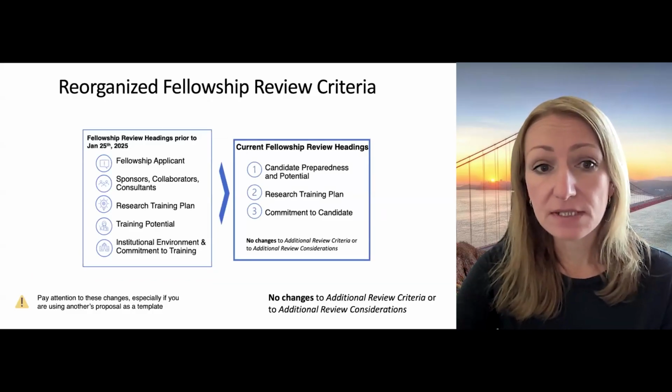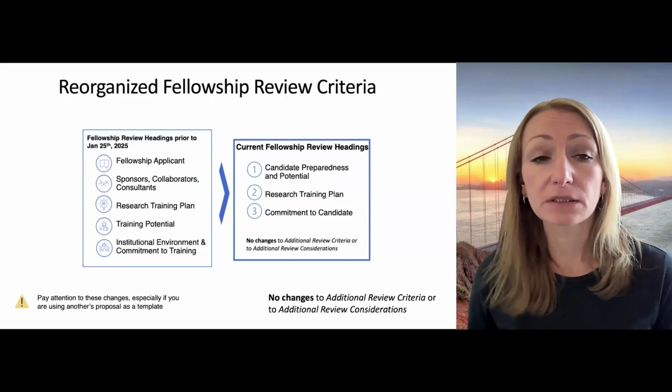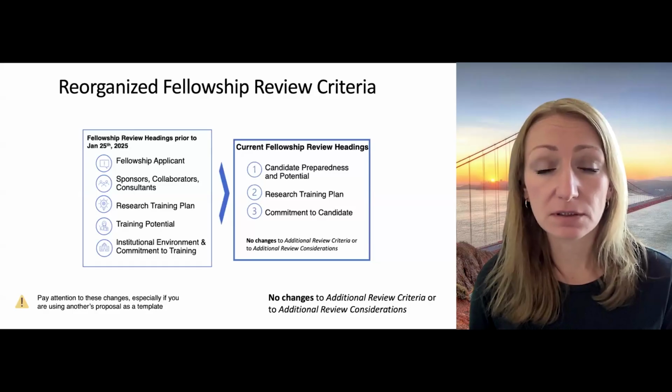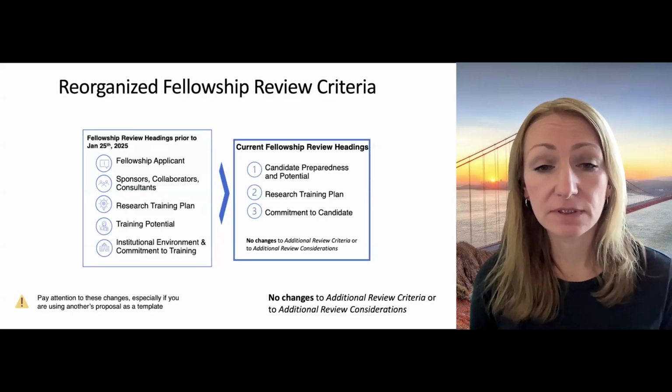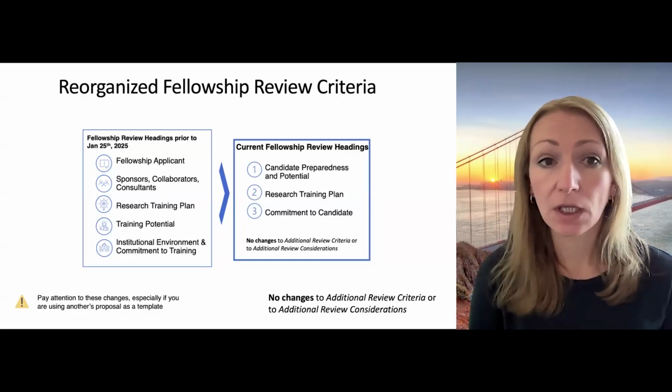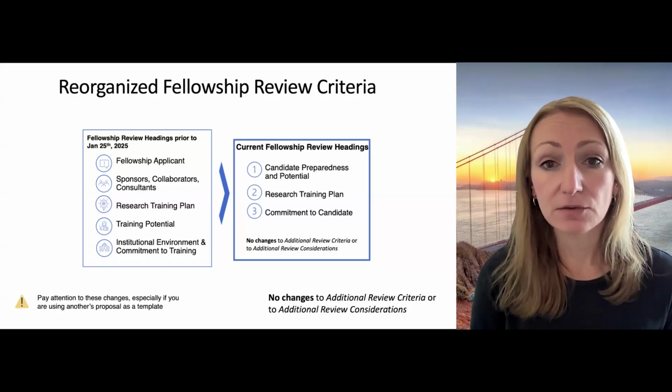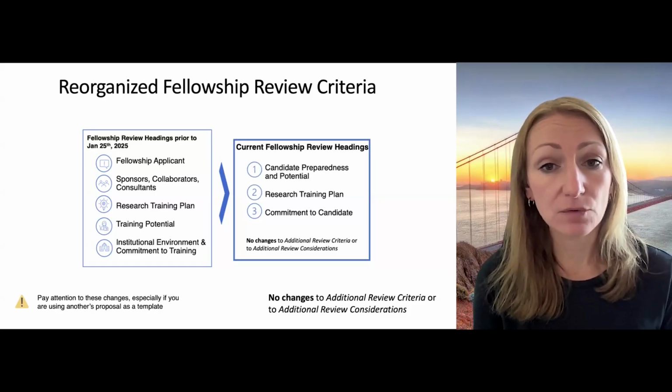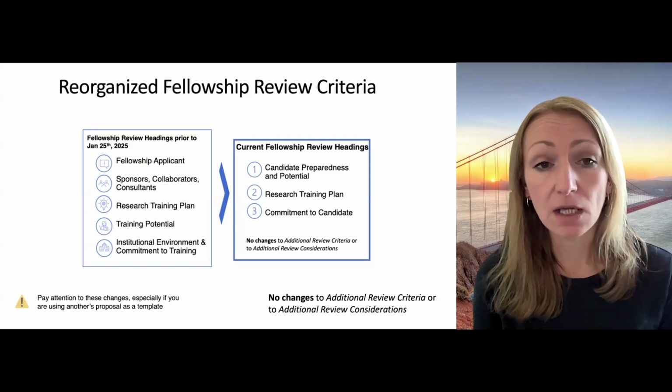So just to give you an example, in the beginning of this year, as I noted, on January 25th, there was a significant restructuring of how the application is handled or packaged. From 5 different categories, now it is restructured in 3 different categories.